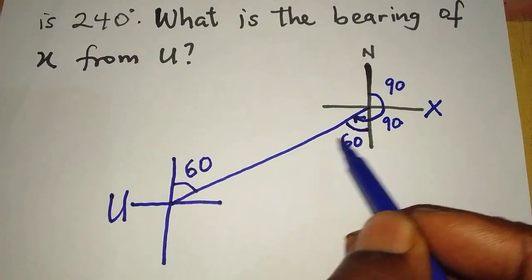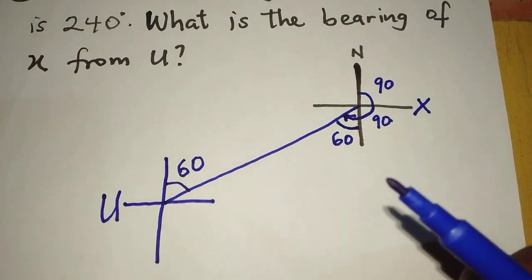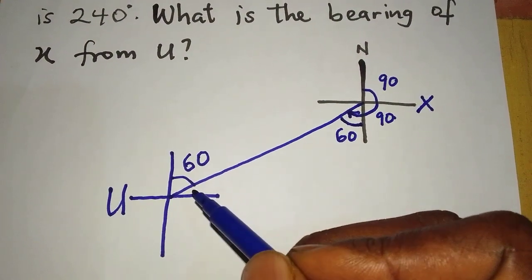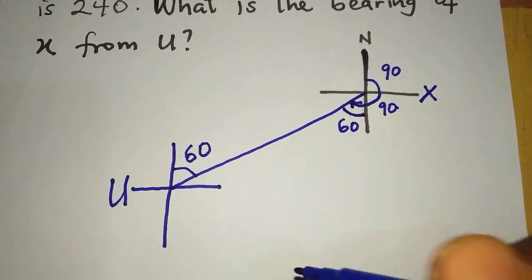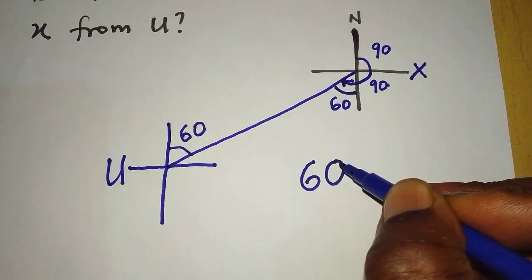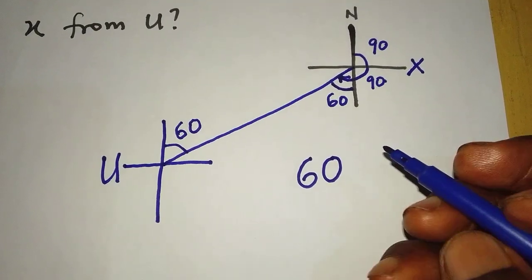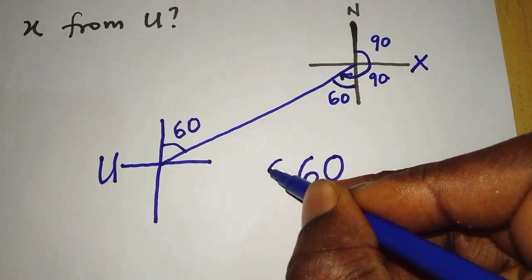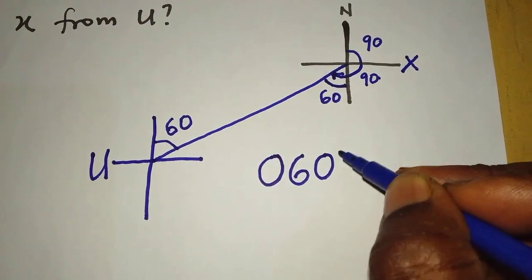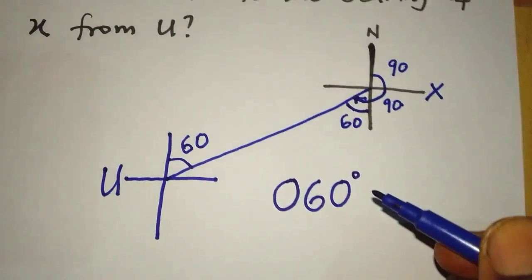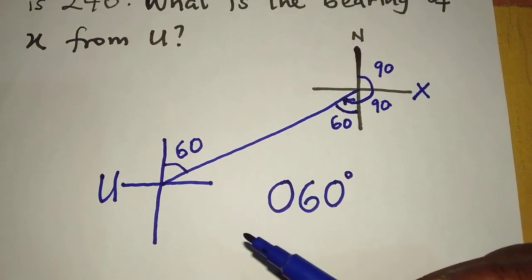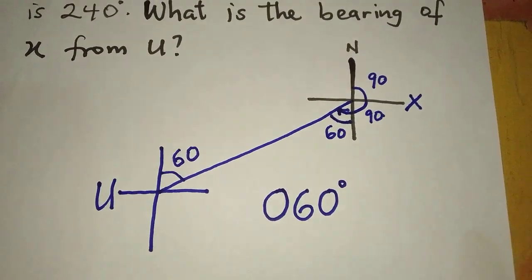So the bearing of X from U is in the first quadrant, 60 degrees. But in bearing, we have to write it in 3 figures, so we put 0 in front. So the bearing of X from U is 060 degrees.